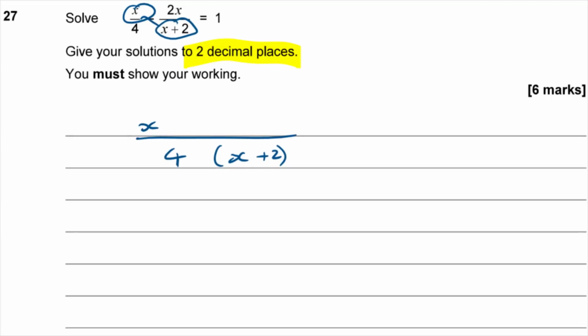So x plus 2 on the top, and then subtracting this times by this, isn't it? 4 lots of 2x. If you get confused with this, try and remember what you would do with two numbers. So if I got 1 over 2 minus 3 over 4, how could I put those over one fraction? You can normally work these out for yourself. Anyway, so let's continue. So that's equal to 1.